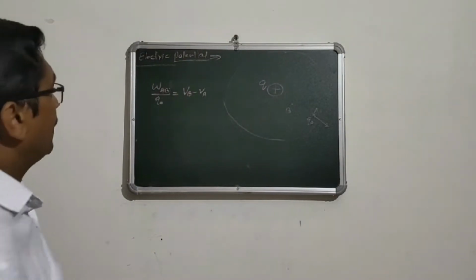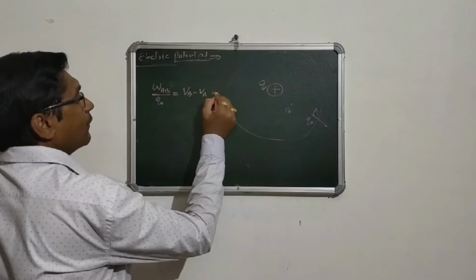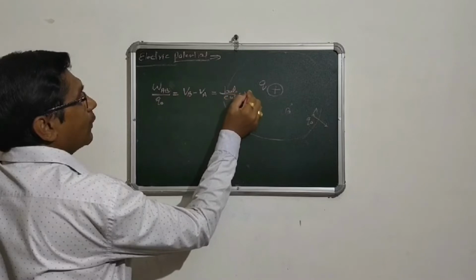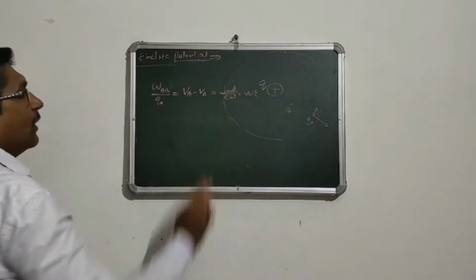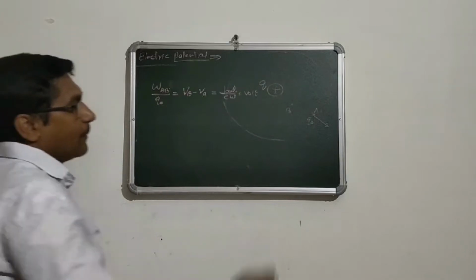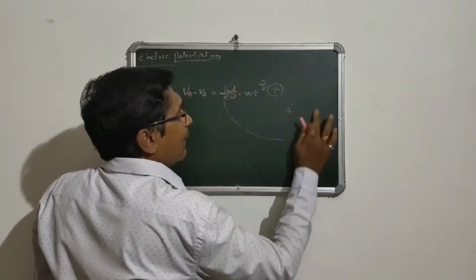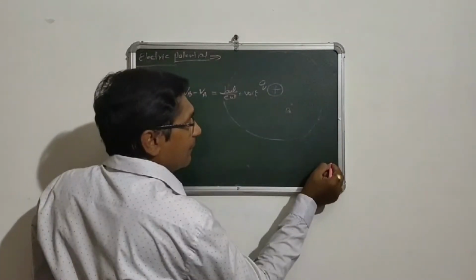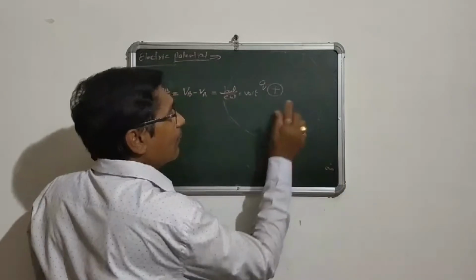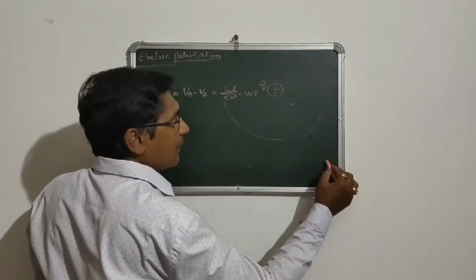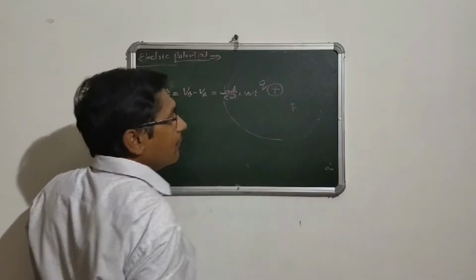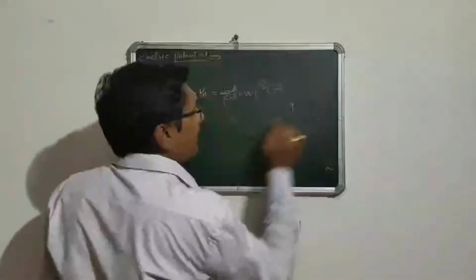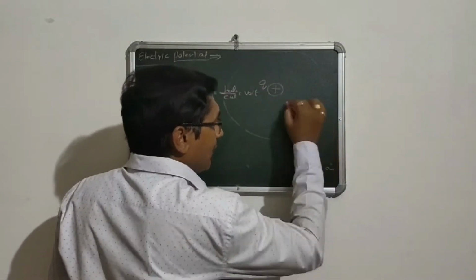Now the unit of electric potential difference is volt, or joule per coulomb. And suppose the point A is at infinity, then we bring the test charge from infinity to a particular point of an electric field in the opposite direction of the electric field.